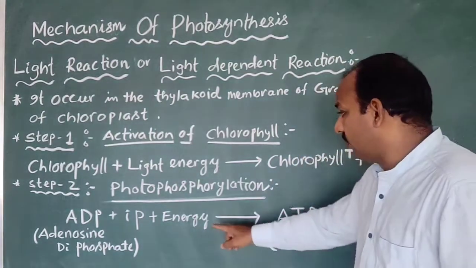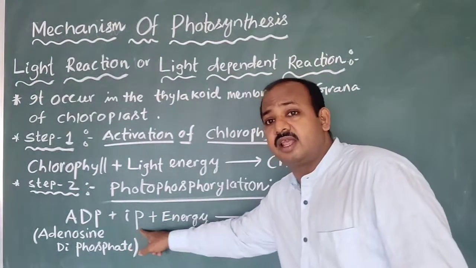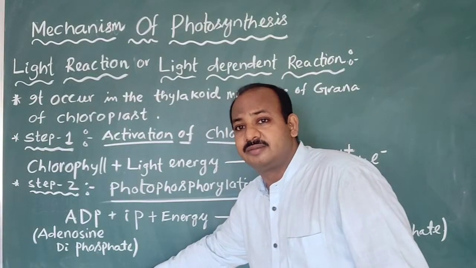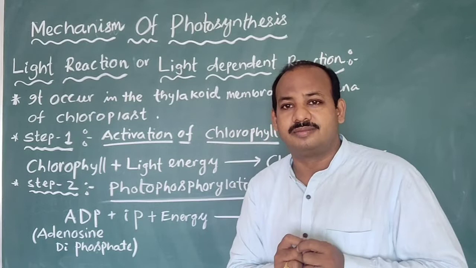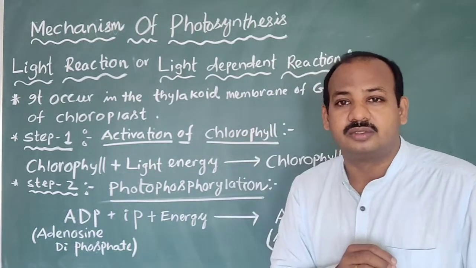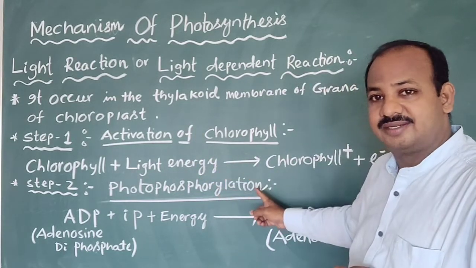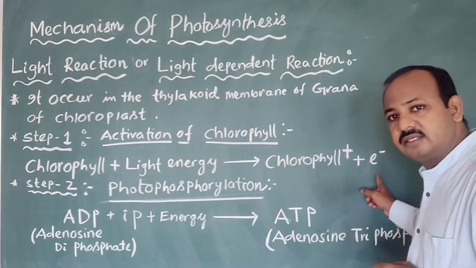For that, you can see energy is required for addition of an inorganic phosphate to adenosine diphosphate. So phosphate and phosphate make a bond, a single bond, and their energy is stored. So whatever energy is derived from the sunlight, this energy or electrons, the charged particles, will have energy.